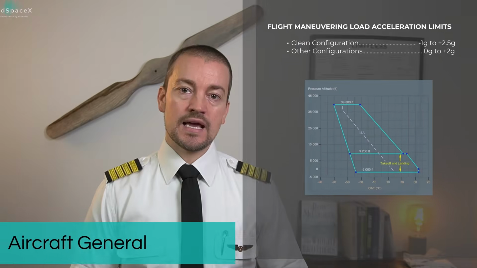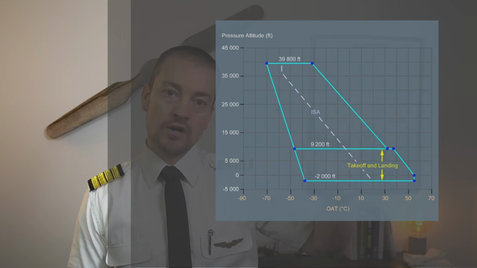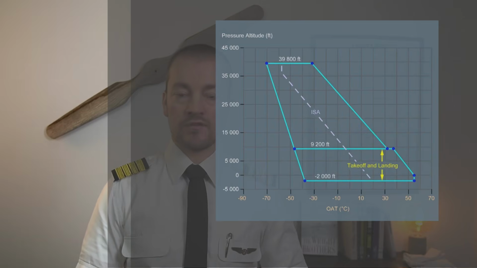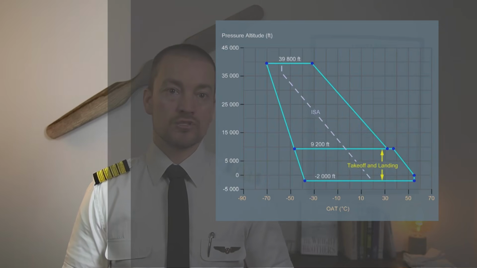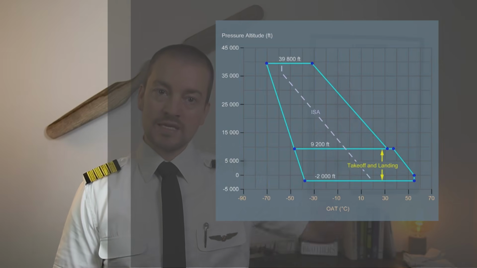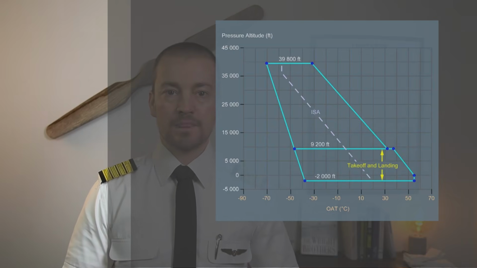Here we can see that the maximum elevation for takeoff and landing is 9,200 feet, and the minimum elevation is minus 2,000 feet. While the aircraft is capable of operating up to an elevation of 14,000 feet, we can set this manual elevation on the overhead pressurization panel.